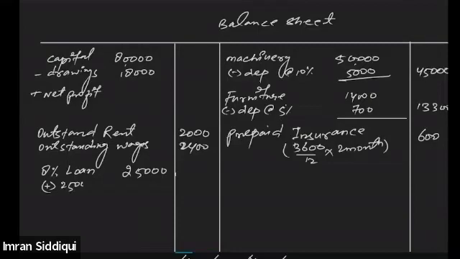So on 25,000, we'll calculate interest at the rate of 8% per annum for the period of 6 months, 6 by 12. All right, so this will give us the interest of 1,000.